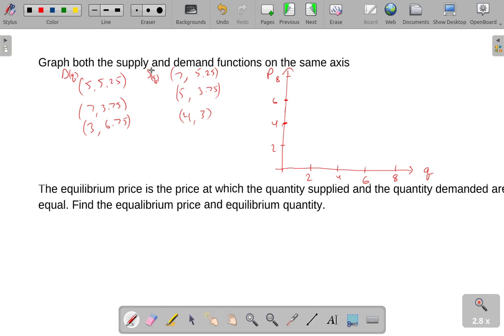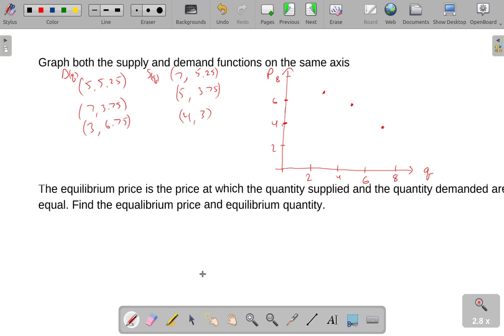All right, so 5.25 is right about here. 3.75 looks about there. 6.75 is about here.